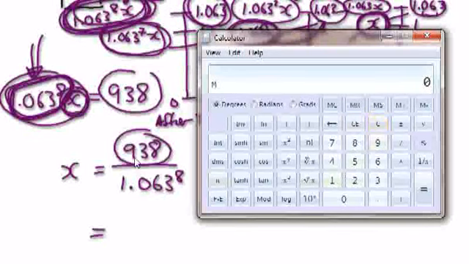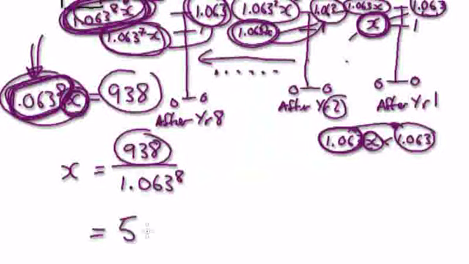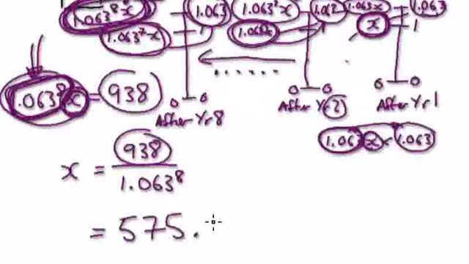So now 938 divided by this one equals £575 and 36 pence.